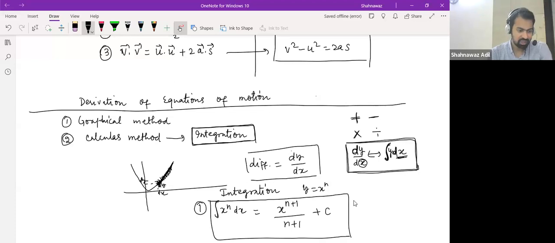So did you guys see the difference between the differentiation and the integration? Differentiation is a very small change, and integration is the accumulation of all these changes, right? When you add all these small changes, then you get the integration. So integration is accumulation, and differentiation is a very small change.